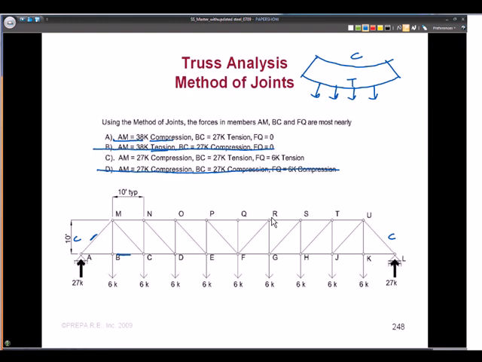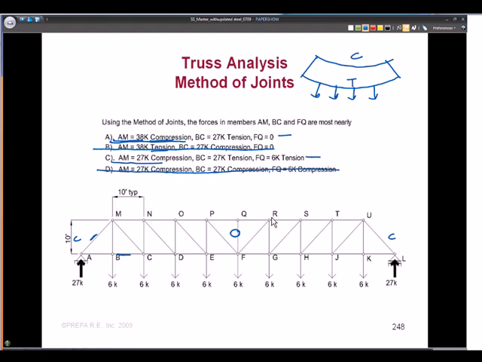And now this tells us that member AM is in compression. It's either 27 or 38. And member FQ, which is out here in the middle, it's either 0 or 6.